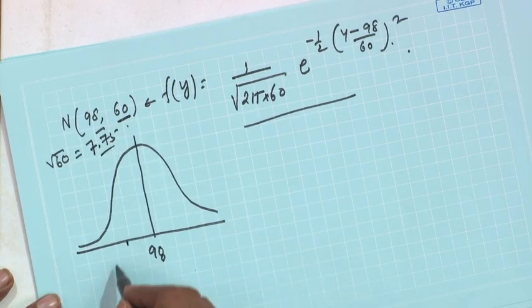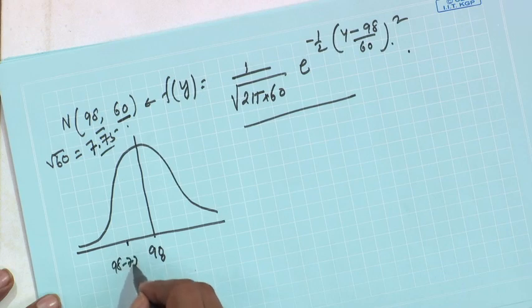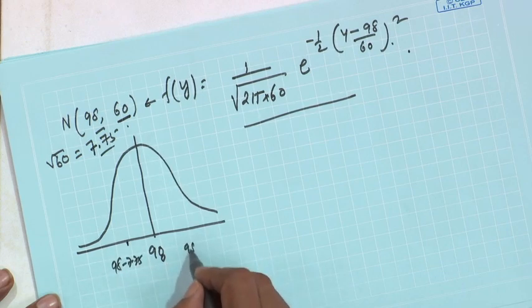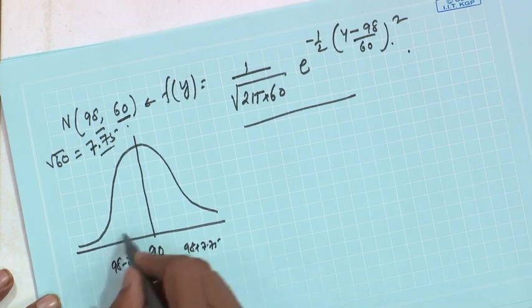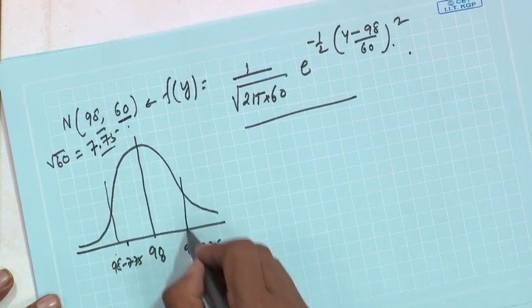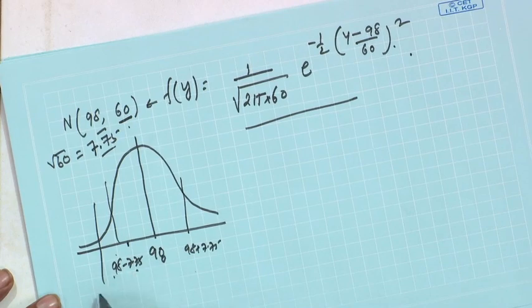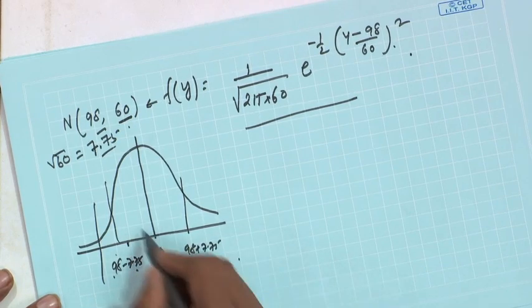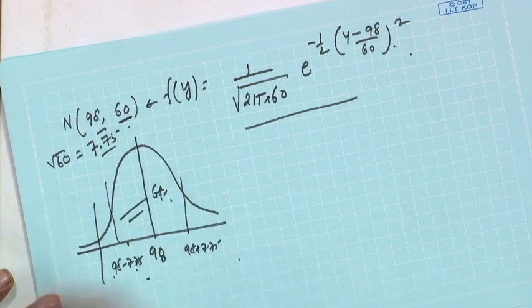So, 1 sigma means 98 minus 7.75 on this side and 98 plus 7.75 on this side. Then 2 sigma is 98 minus 2 times 7.75, like this. 68% will fall under 1 sigma.